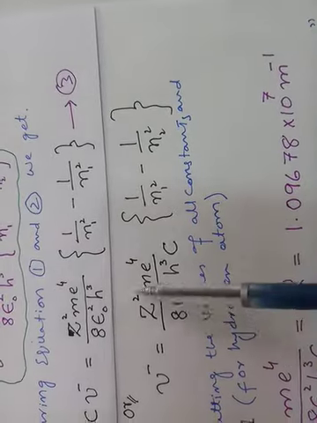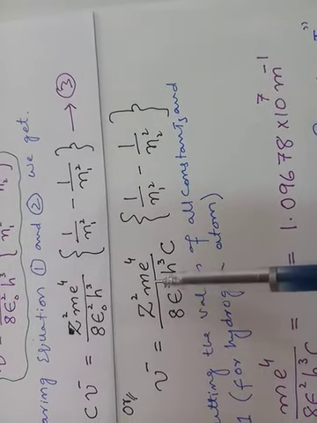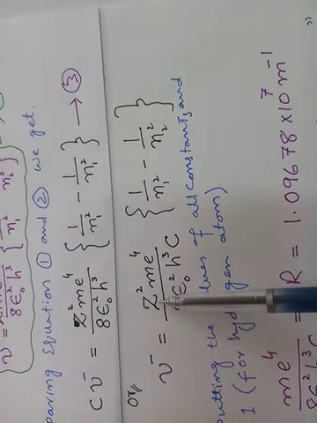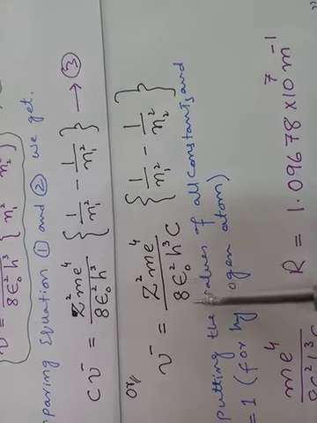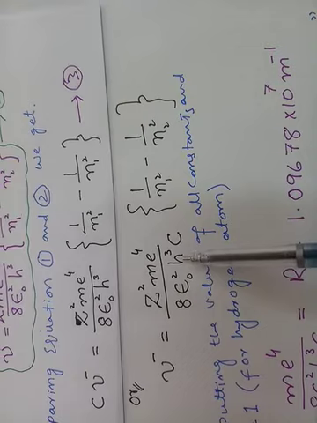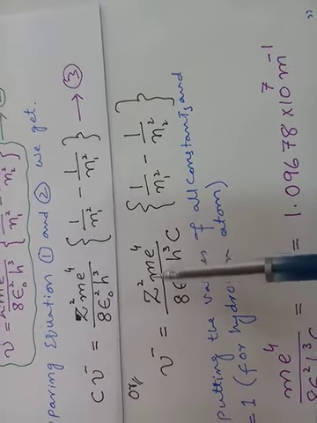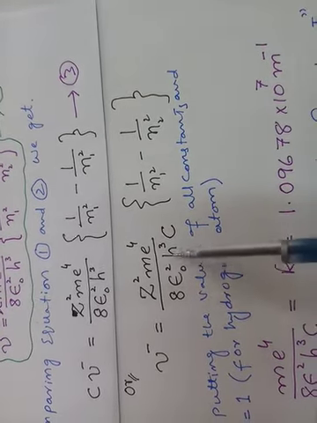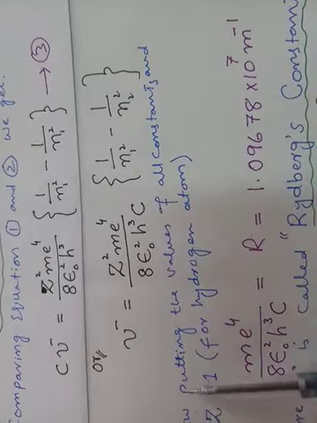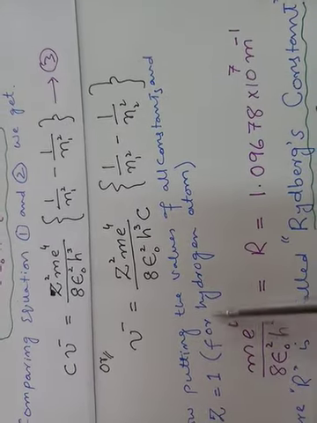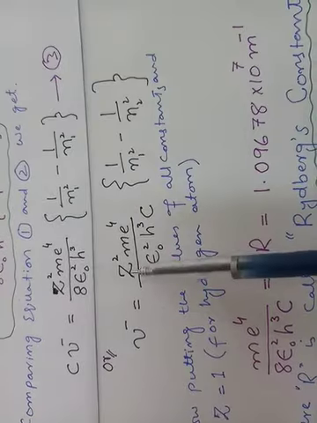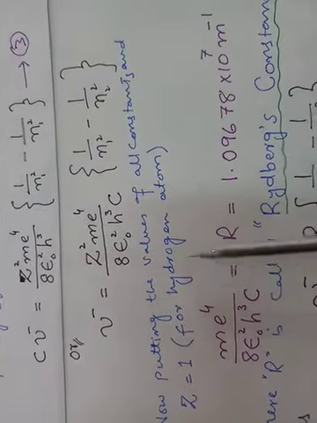As we know, Z is the atomic number. If we put Z is equal to 1, we are left only with m e^4 by 8 epsilon naught square h cube c, and we know all these are constants. So now putting the values of all these constants, and Z is equal to 1 for hydrogen atom.